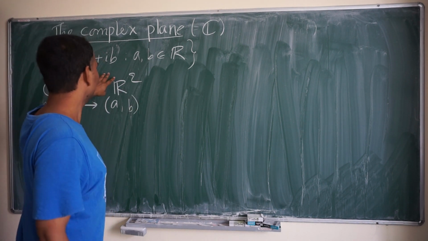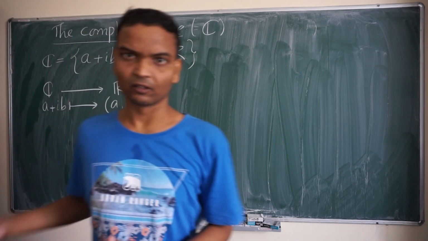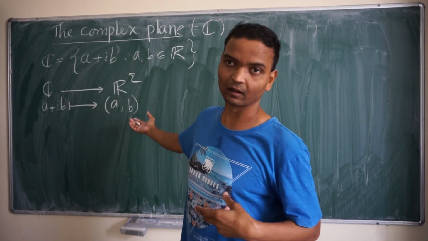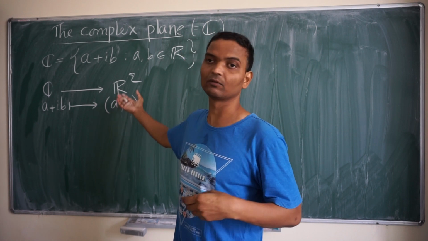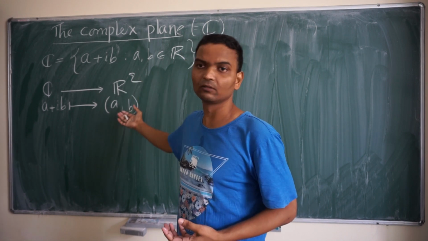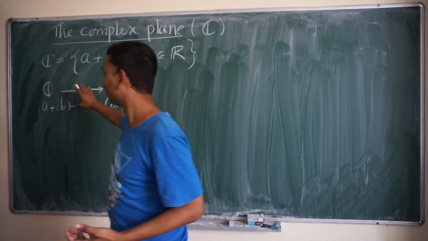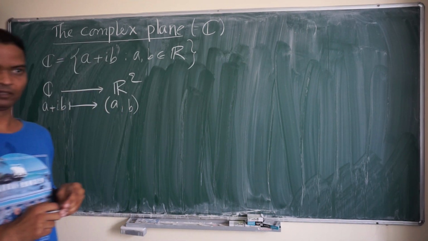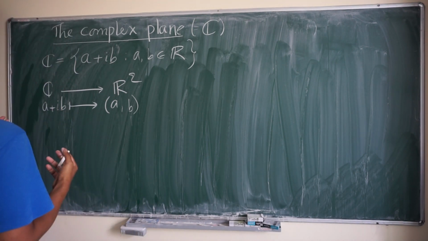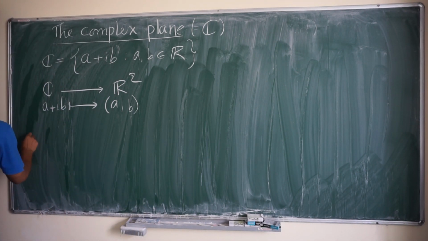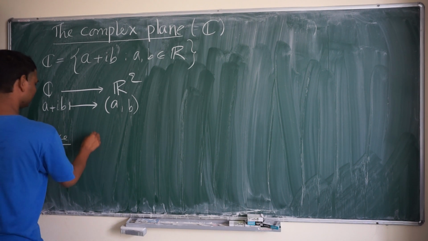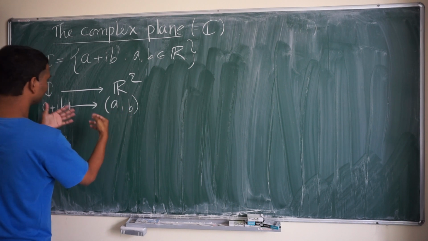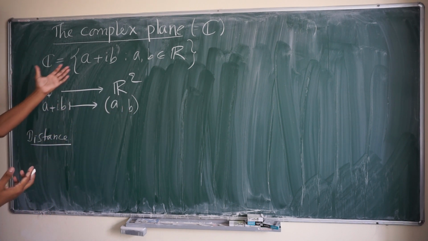Whatever we have studied, the topological properties or the metric properties in R2, can be pulled back here in C. For example, we want to find a distance in C. So the way to visualize complex numbers is R2.